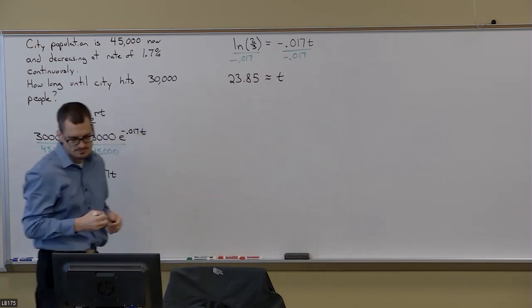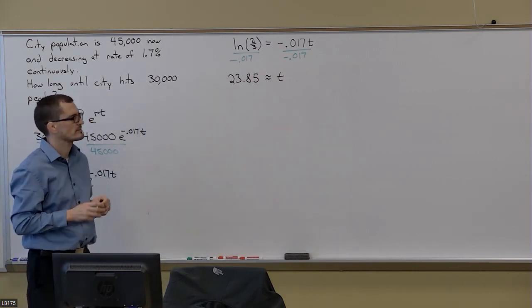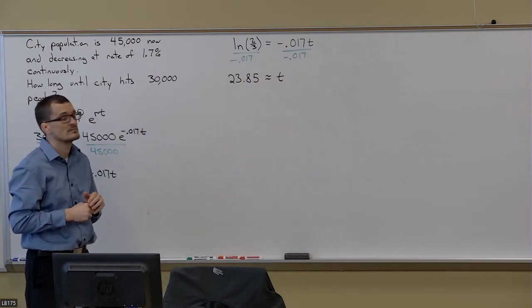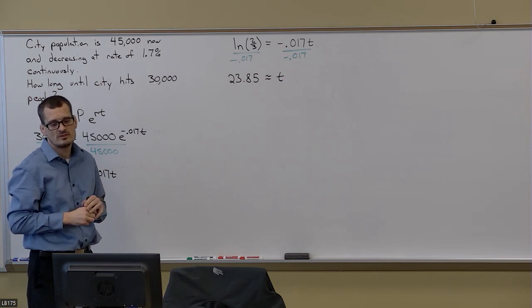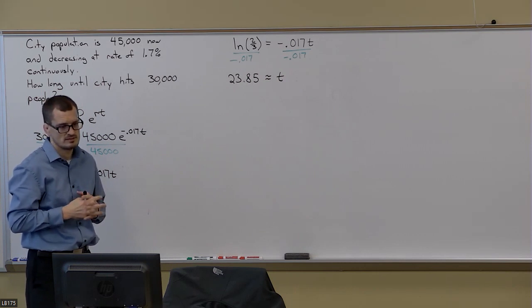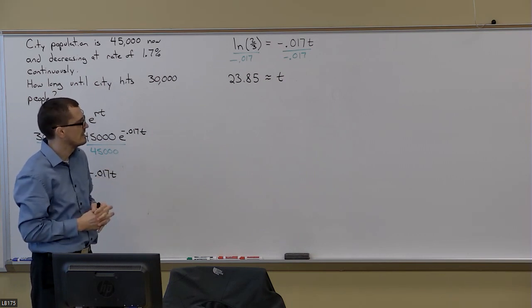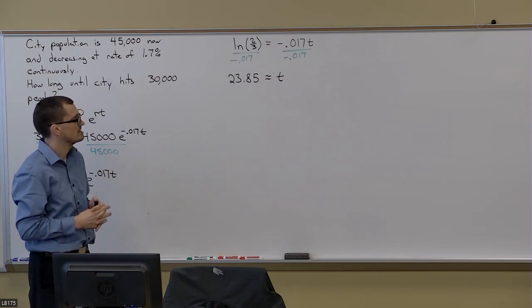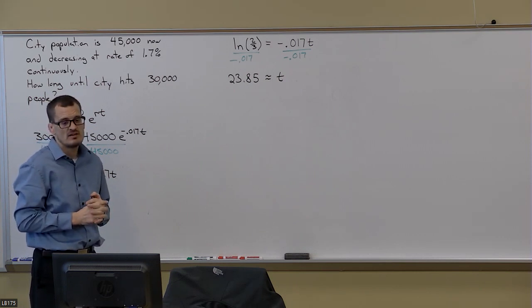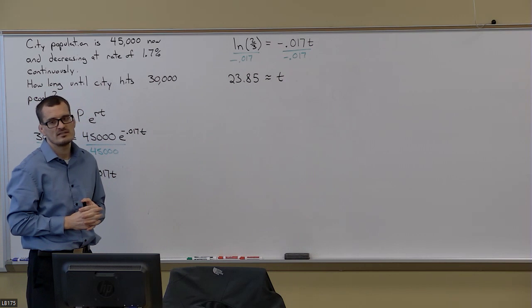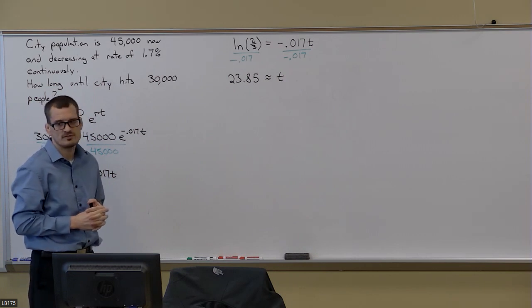Approximately, obviously. So that is how long it's going to take. It's going to take about 23.85 years for this city to fall to a population of 30,000.